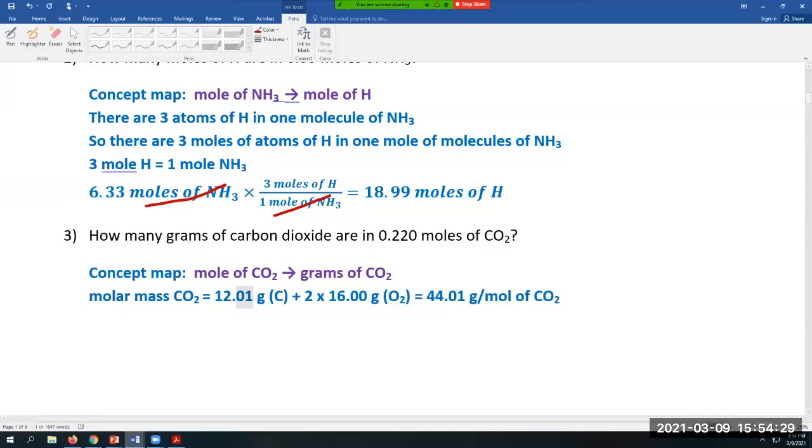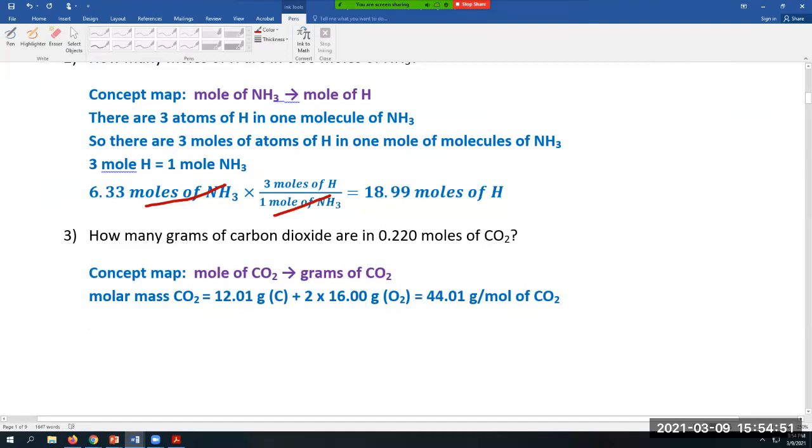So you should always give 2 decimals to your molar masses, right? Because when you add, you need to keep the same number of decimal places as you have in your numbers, and they both have 2 decimals. Okay, so this is the molar mass.